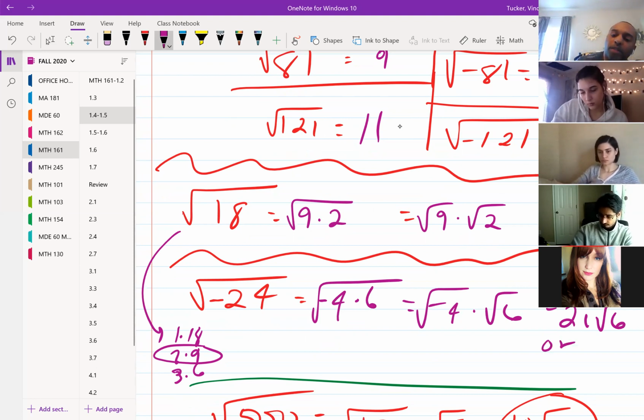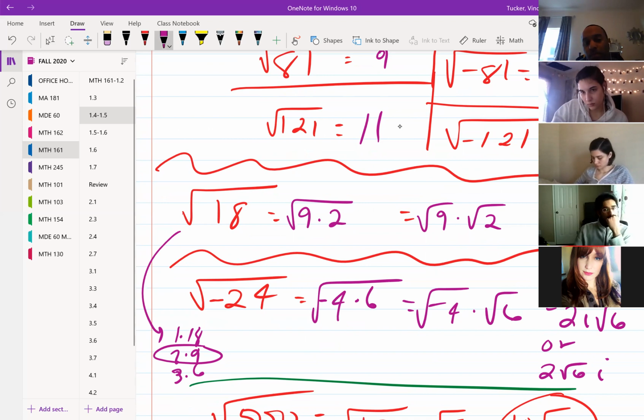Another way you could see this expressed is 2 square root of 6 i. You just have to make sure you don't extend that radical symbol over the i, but either is fine. Questions on the breakdown?